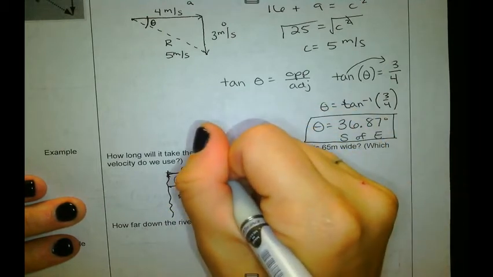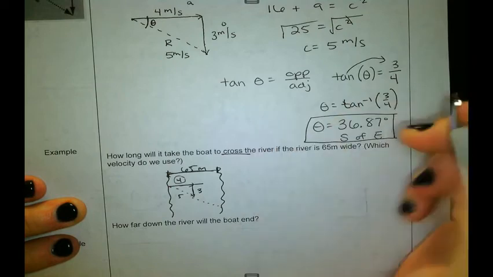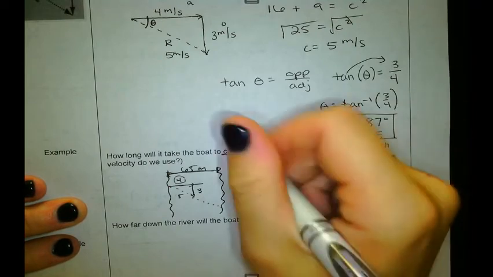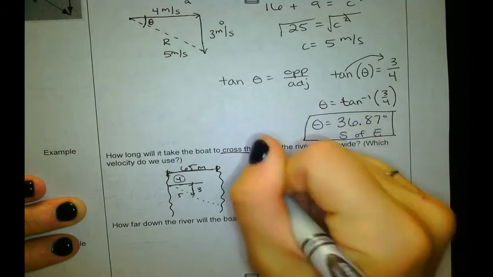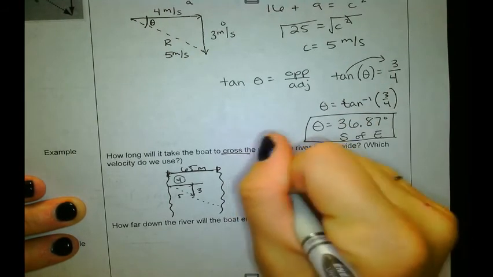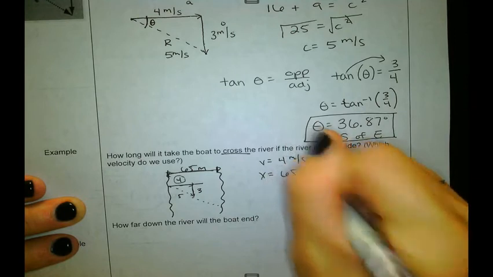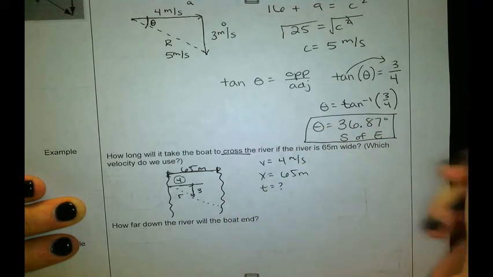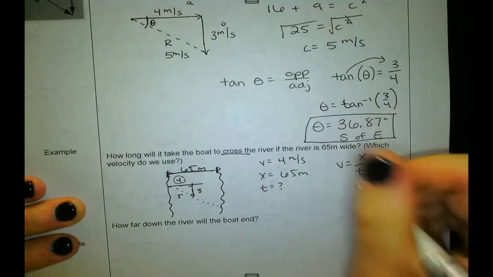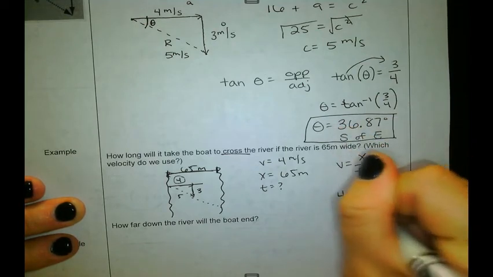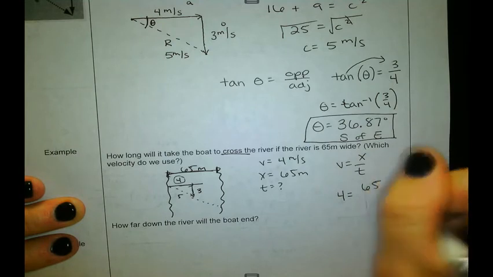So now I know my displacement, I know my velocity, and I'm solving for how long it takes, I'm solving for time. My velocity is 4 meters per second. My displacement is 65 meters. V equals x over t. Velocity is 4. Displacement is 65.